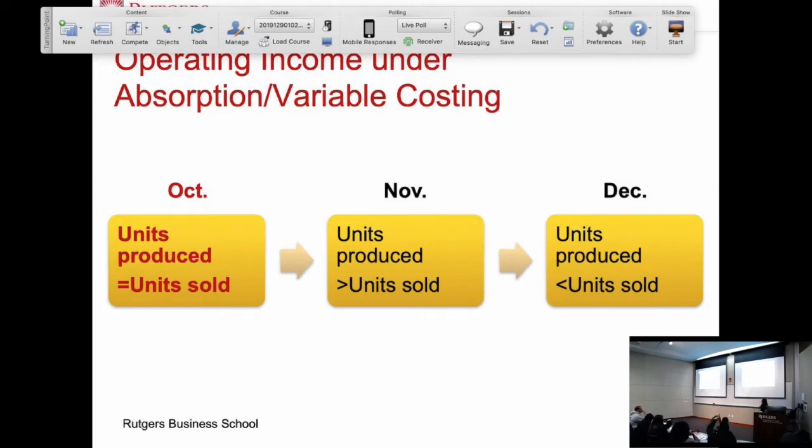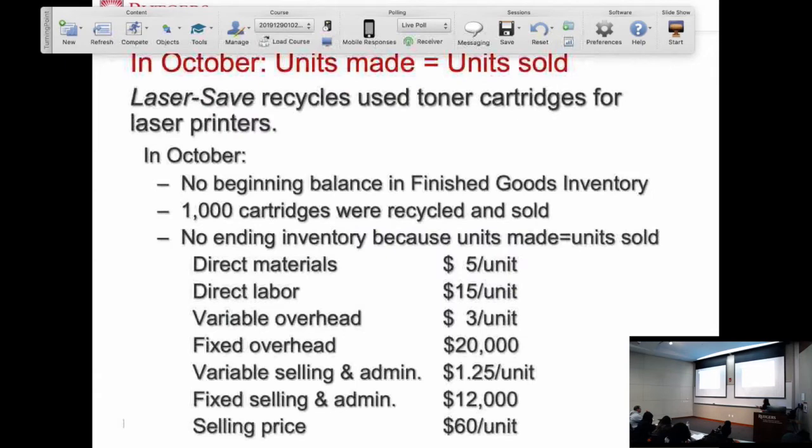So just to give you a review, last time, this is the example we gave. In this example, this firm basically produced 1,000 units of products and sold 1,000 units as well, right?